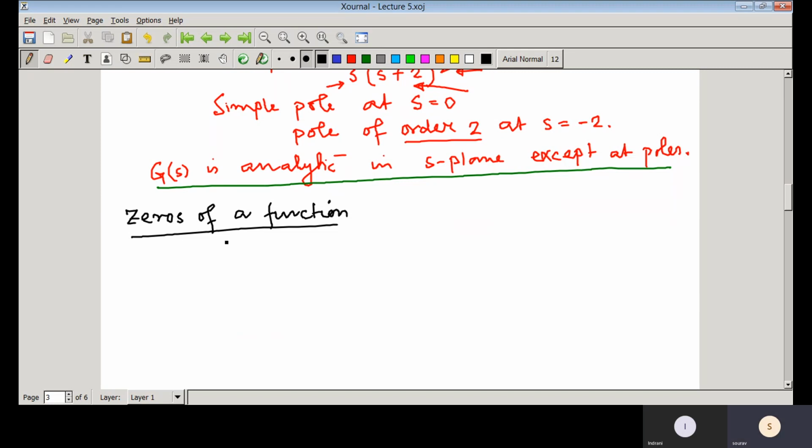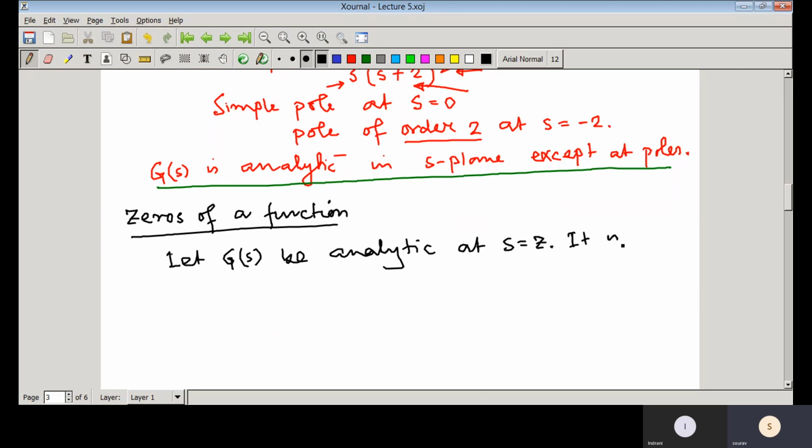So let G(s) be analytic at s equal to z. This is just the inverse of the definition that we have seen in case of pole. If you take the inverse of that, it gives you the definition of zeros.